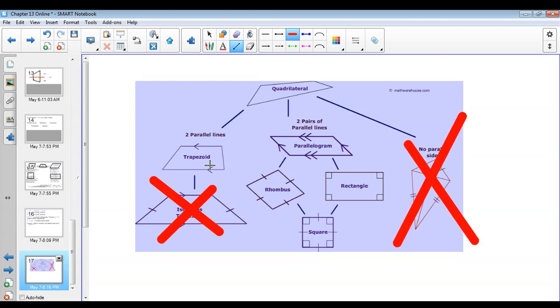We've talked about trapezoids, which only have two parallel lines and they're opposite each other. In a parallelogram, we have two pairs of opposite parallel sides. In a rectangle and square, we again have those two pairs, and we also have 90-degree angles. In a rhombus, we have all four sides congruent, same in a square.